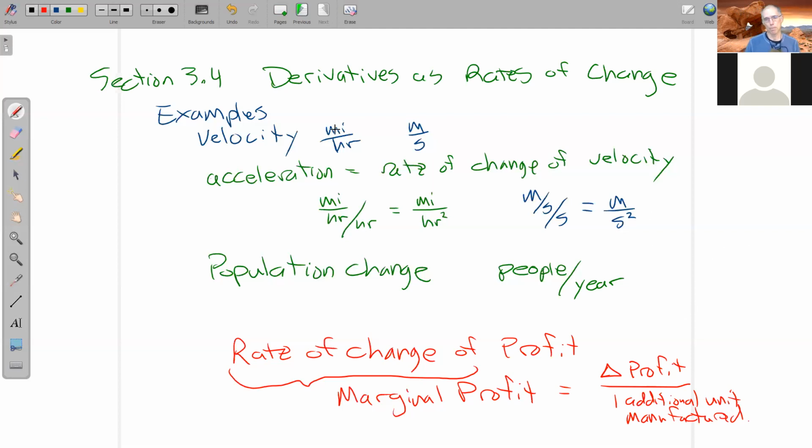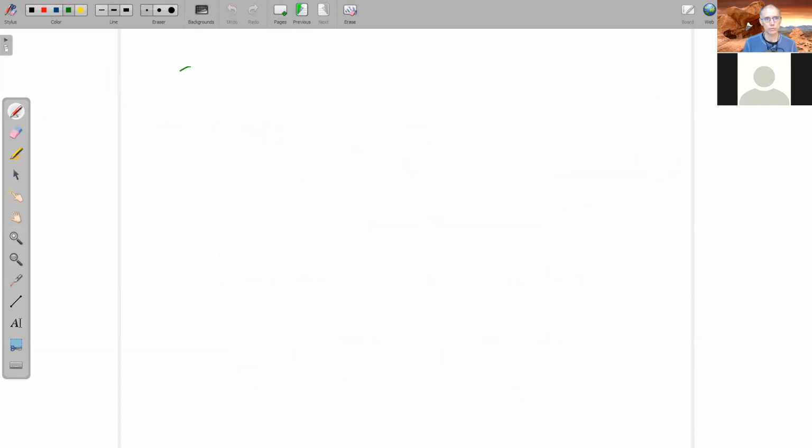Before we do that, I just want to back up a second and take this back to some basic algebra ideas. So just consider y equals 2x plus 1, and a quick graph of that.